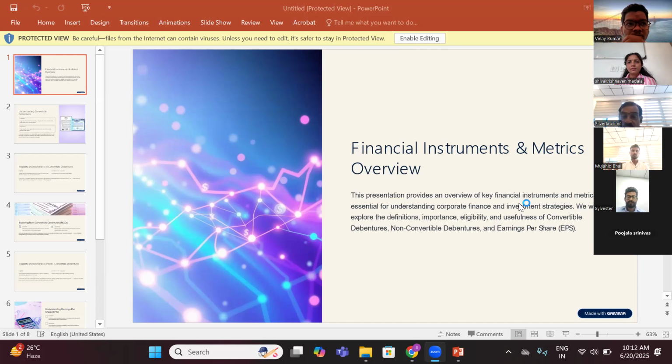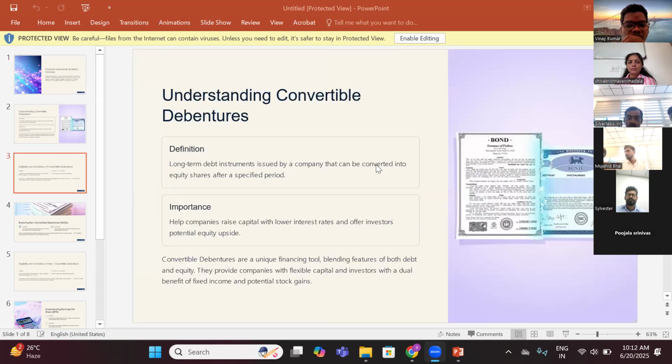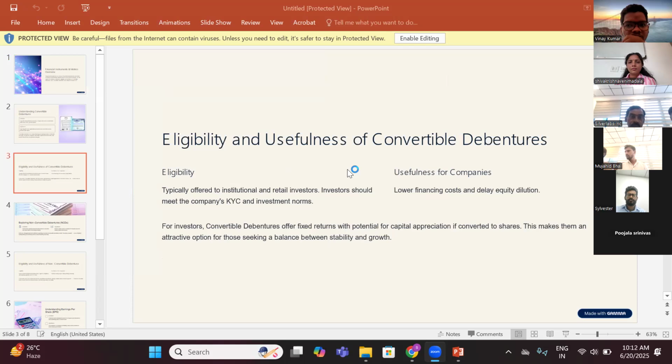Next, we will explore the definitions, importance, eligibility, and usefulness of convertible debentures, non-convertible debentures, and earnings per share. Eligibility and usefulness of convertible debentures. Eligibility: typically offered to institutional and retail investors.